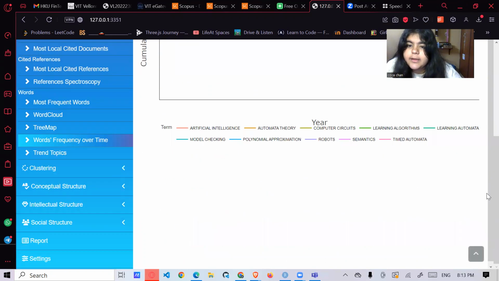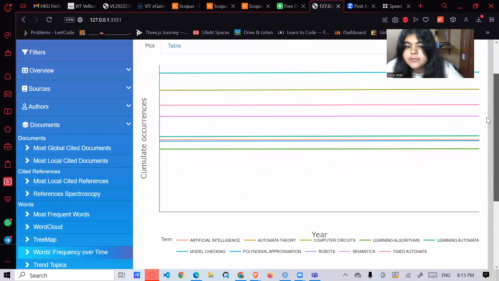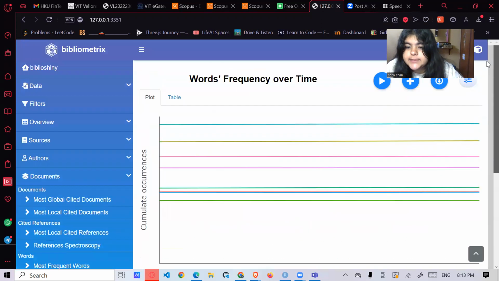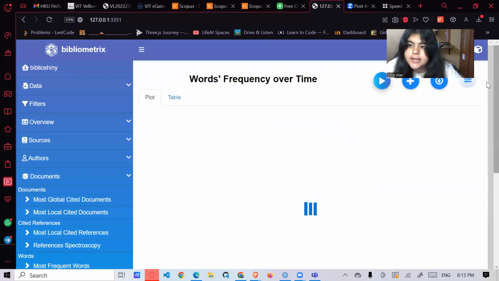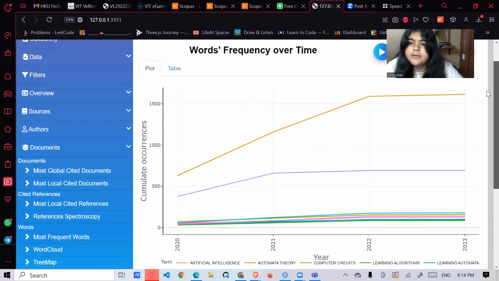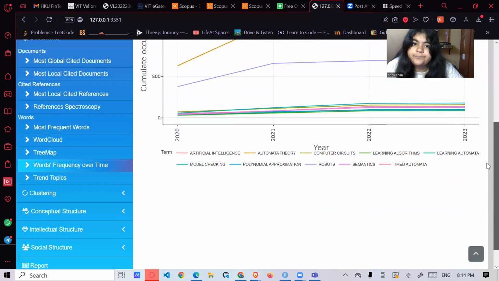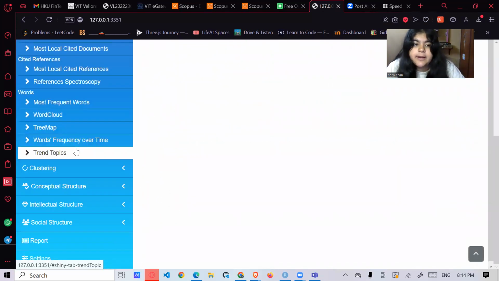If you look at them in detail, you can see timed automata, semantics, robots, polynomial, computer circuits, learning, algorithms, learning automata. I already mentioned that automata is all about algorithms. So it helps us in visualizing the same, and you get an idea about how it grows. This is a very helpful way of understanding the growth of certain themes and trends.